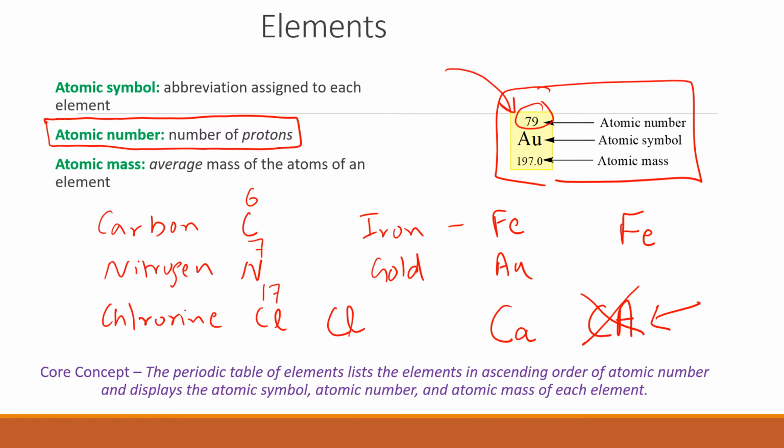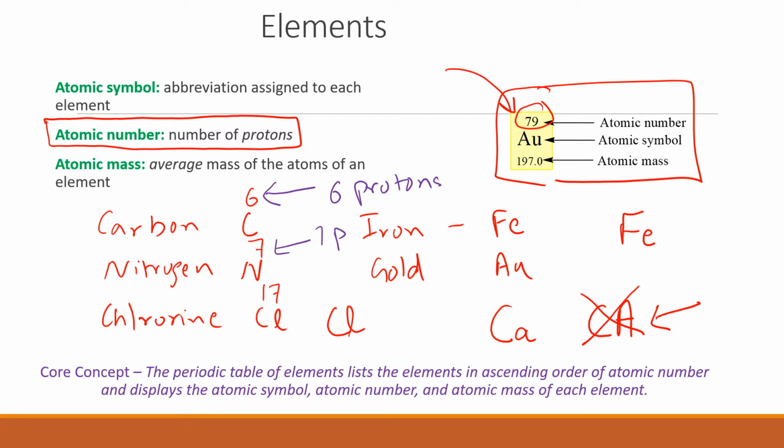From the atomic number, we can also determine how many protons atoms of these elements have in their nucleus. For example, because the atomic number of carbon is 6, carbon has 6 protons. The atomic number of nitrogen is 7, so a nitrogen atom has 7 protons.